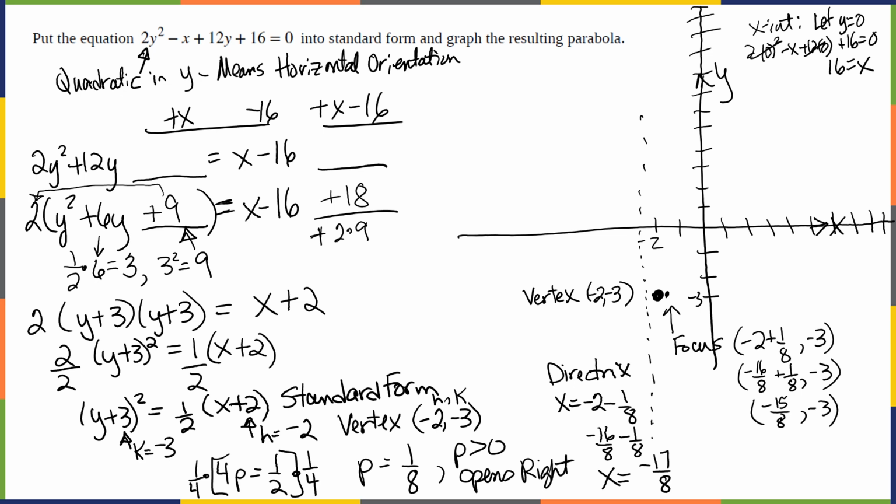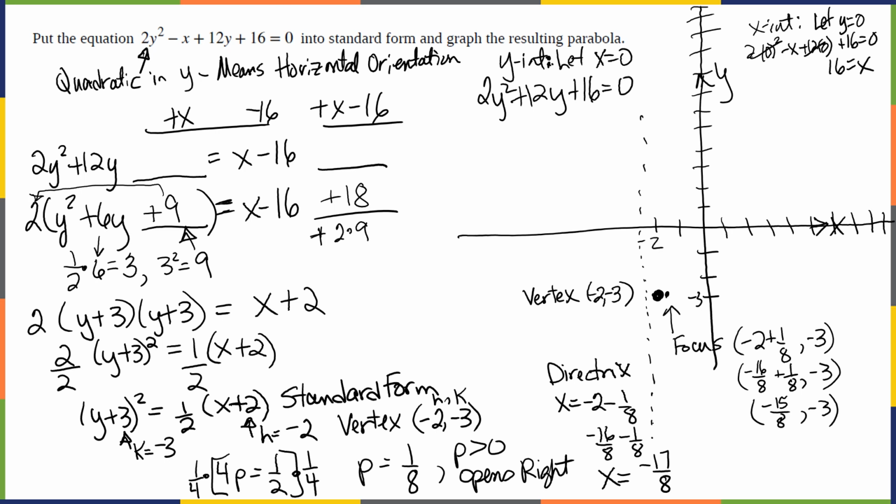Let me go back and find my y-intercepts, where I let the x be 0. So I will get 2y squared minus x, that's 0, so that's gone, plus 12y plus 16 equals 0.